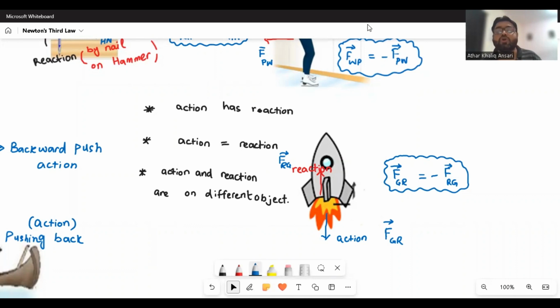So if you walk on the ground, you are applying force on the ground. So force by the person on the ground will be F_GP, which will be equal to F_PG, that is force of the ground on the person in the opposite direction.